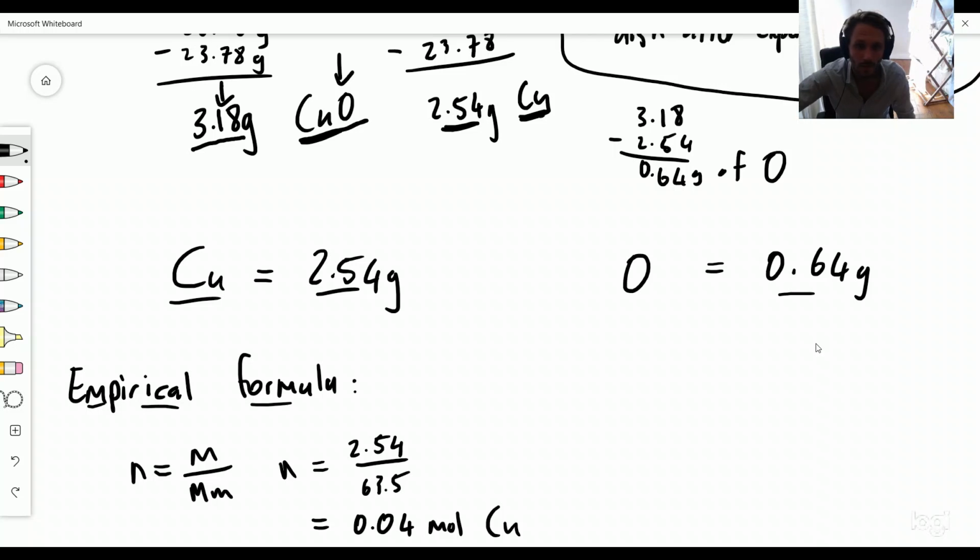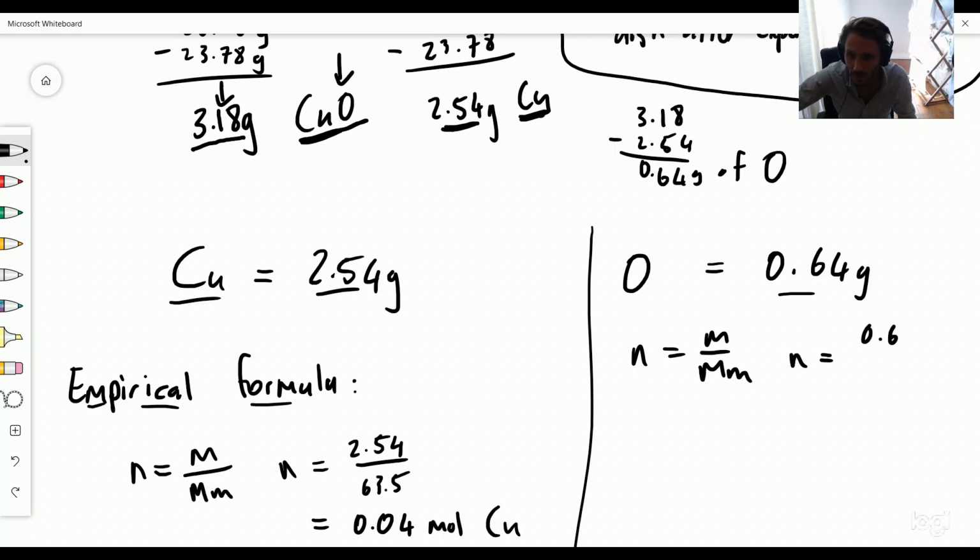Okay, oxygen, same formula. Just put this through, so it's 0.64. I know the molar mass of oxygen is 16, and this is actually going to give me the same answer, 0.04 mole of oxygen.